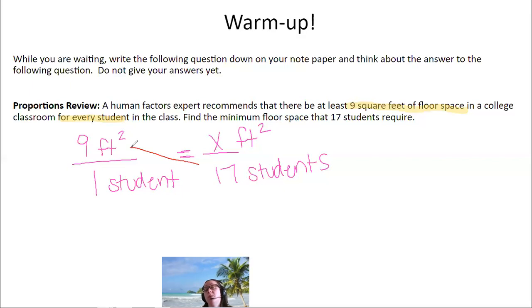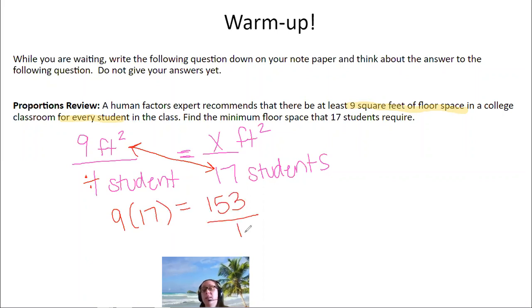So what we would do is we multiply the numbers across from each other, and you actually divide by what's left over, but in this case, you're just dividing by 1. So we would go 9 times 17 is 153. Then you divide by 1, and that still gives you 153 square feet.